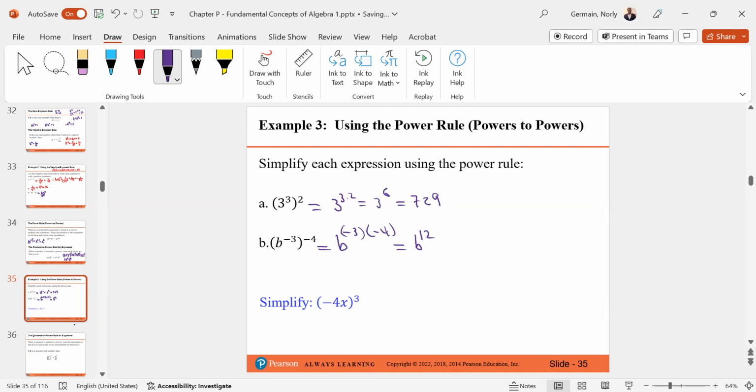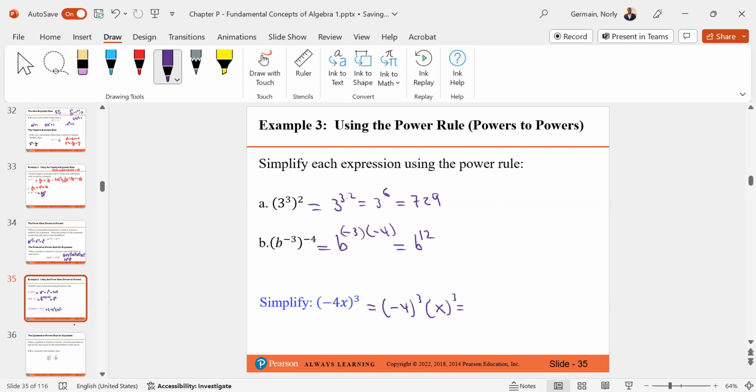That's what I just did in the previous examples on the other slides. So now these exponents need to be distributed not only to the negative 4, we also need to do it for the x. So we're going to have negative 4 to the power 3 times x to the power 3. So what is negative 4 to the power 3?